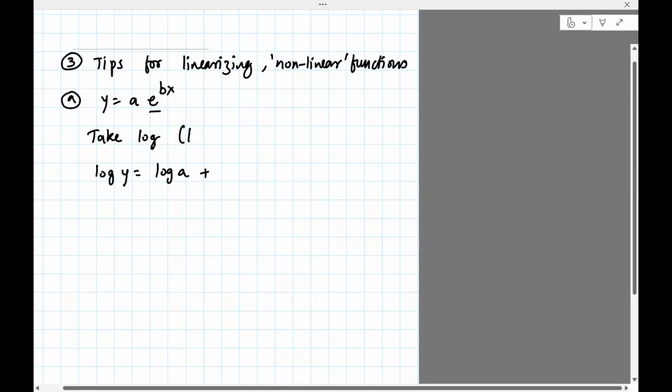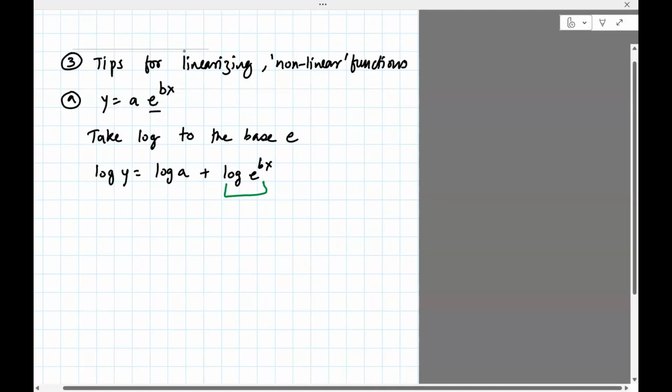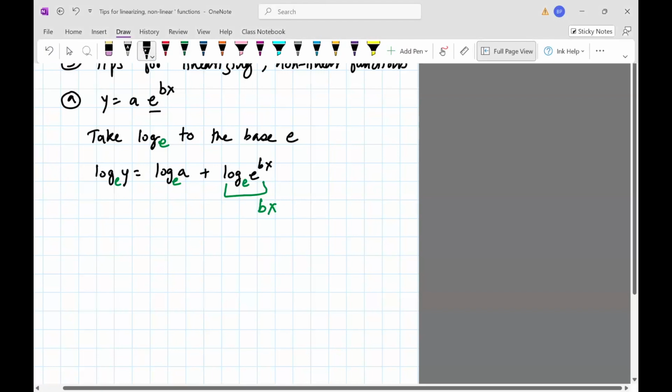When I say log here, it means log to the base e, because log to the base e of e raised to bx boils down to bx. That's what log to the base e means. So when you have e, it's always bx.